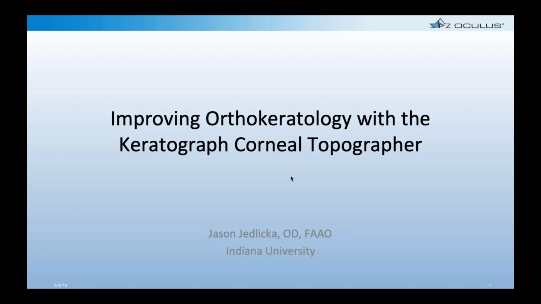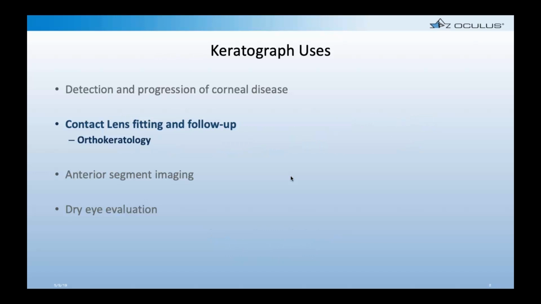Again, the Keratograph has many uses. It's a versatile instrument, in particular the Keratograph 5M, which, as many of you know, has a dry eye module and lots of other capabilities. With it, we can detect and monitor ocular disease, corneal disease, keratoconus, things like that. We can use our Keratograph from an anterior segment disease management perspective. We can also use the imaging aspect. You have a photography option. With the 5M, you can take anterior segment photos, which are great quality.